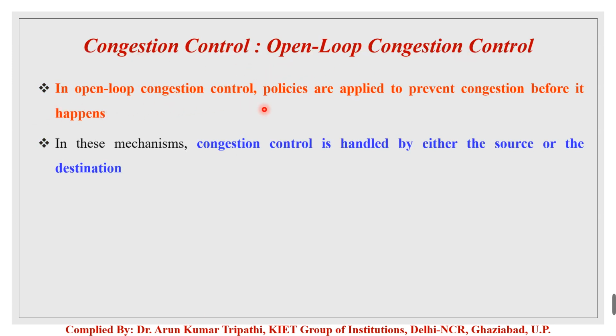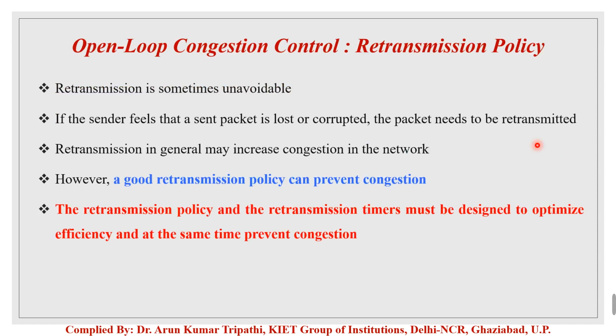In open loop congestion control, the policies are applied to prevent the congestion before it happens. Means we will not allow the congestion; before that, we will stop it. In these mechanisms, the congestion control is handled by either the source or the destination. So let us discuss each policy one by one.